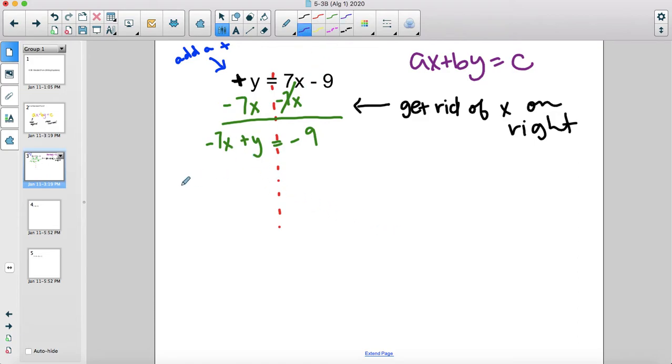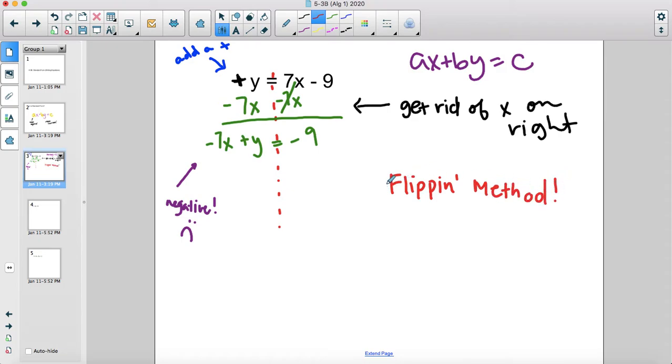Now this is negative, which is bad. It can't be. So we're going to use what I've called in the past the flip-in method. So we are going to use the flip-in method and flip everything.